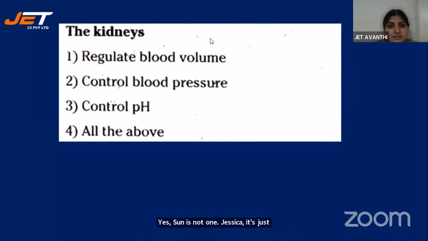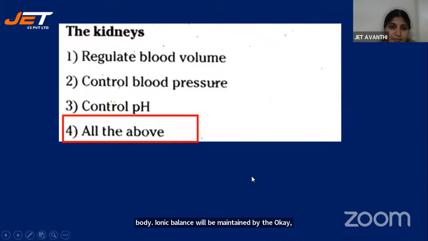Yes, 4, children. All of them are controlled by the kidneys. They regulate blood volume, control blood pressure, and maintain the pH and the ionic balance of the body. Very important. It is all of the above, children.